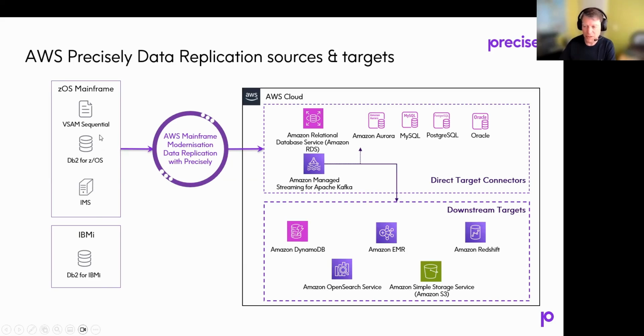So we have the capture publisher. And then outside of the mainframe, we have Precisely Connect running in the cloud on an EC2 instance, let's say. And from there, it can push the data to subsequent targets. In this case, we highlighted Amazon MSK, and that is for a specific reason.